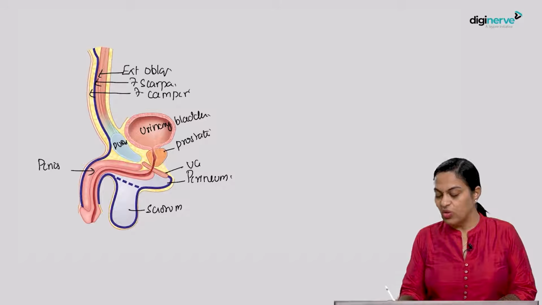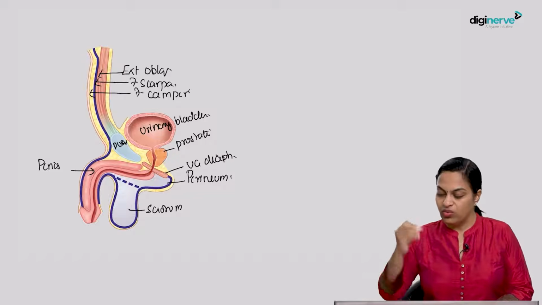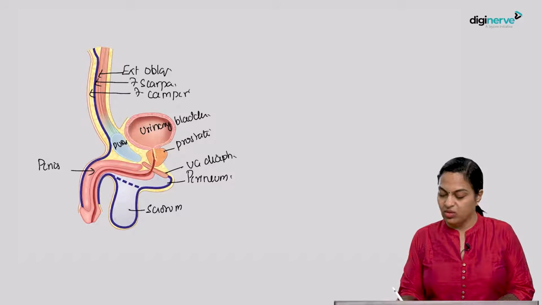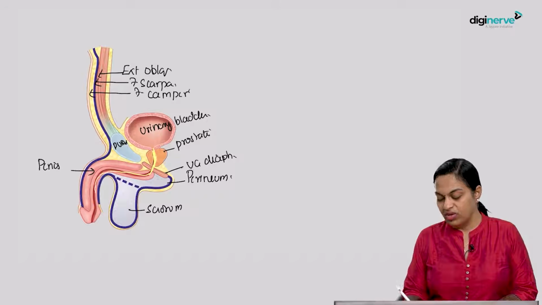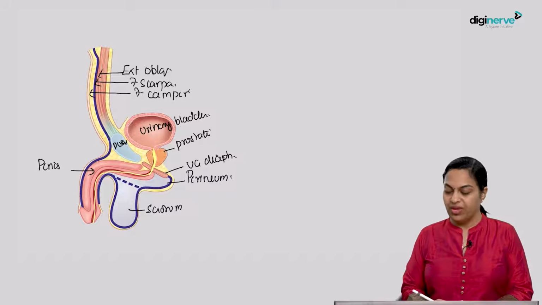This is the urogenital diaphragm. Can you see the urethra passing through the neck of the urinary bladder, through the prostate, urogenital diaphragm, and the penile urethra entering the penis.